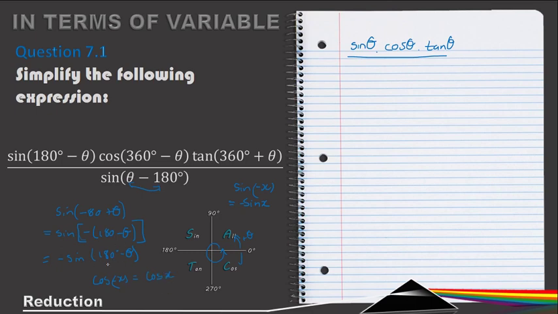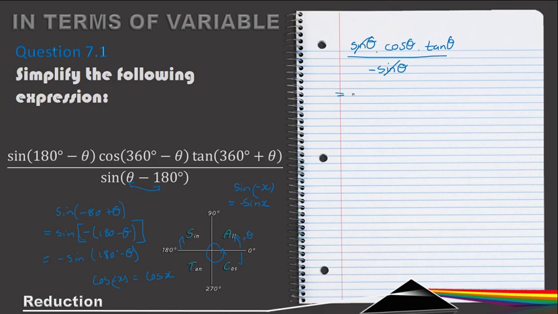Okay, so applying the reduction formula here, we've got 180 minus, that is in sine's quadrant, so this will still remain the same. We're just going to have minus sine, because this minus was taken out from the previous reduction formula, so this is minus sine theta. Okay, and then to simplify that, we cancel out the sines, and then we can change this tan theta into sine over cos.